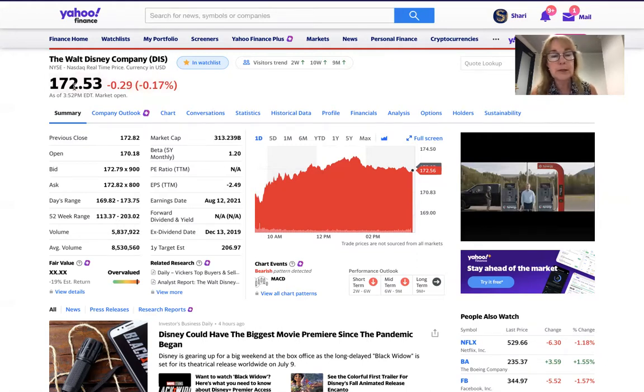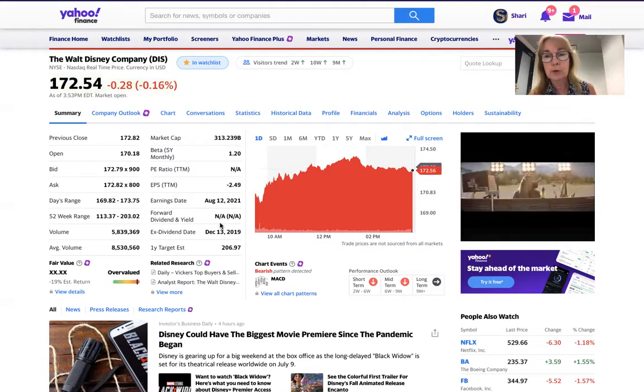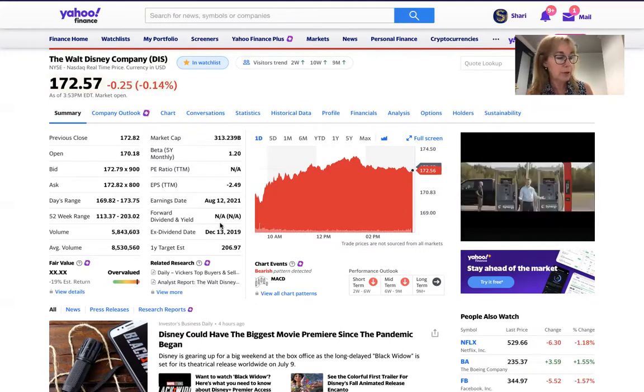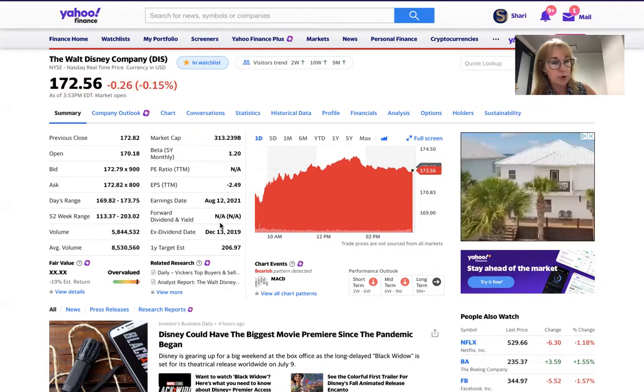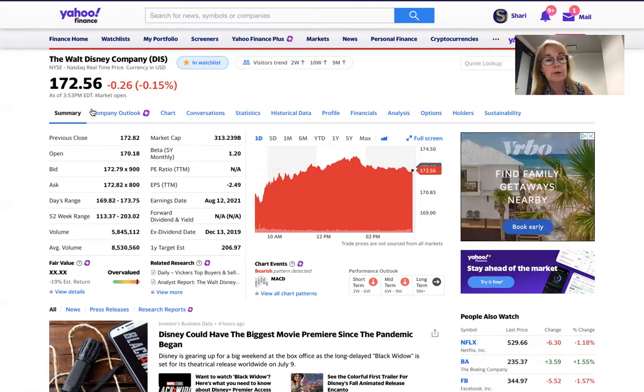Now let's say that the dividend yield was 1%. I would just add that to the total return and it would make my expected return 20.6%. Okay, so what did I do here? I just calculated the expected return, and the expected return, if it goes up to this 1 year target, is 19.6%. So my expected return is 19.6% on Disney.